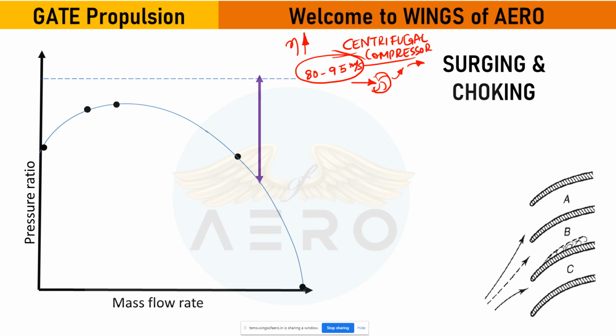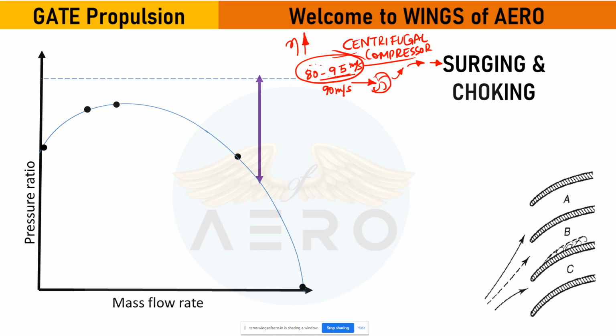So there should not be any kind of adverse pressure gradient over the blades, even when it is moving out from the diffuser to the combustion chamber. As the static pressure increases, the velocity has to be less. Now we have to decelerate the velocity, and it should range within 80 to 95 meter per second. In the ideal case they consider 90 meter per second. So this can be another kind of question. These points are very important.